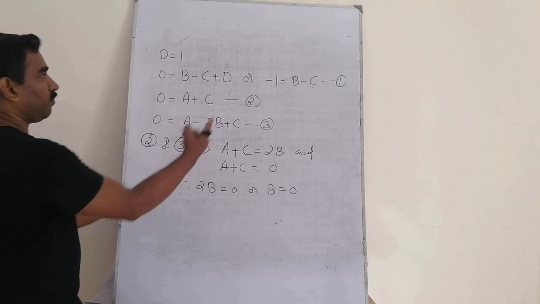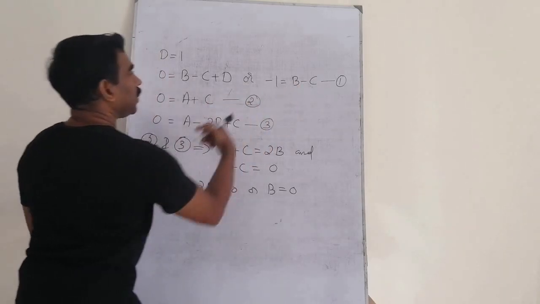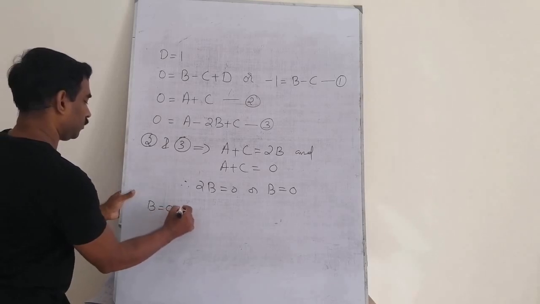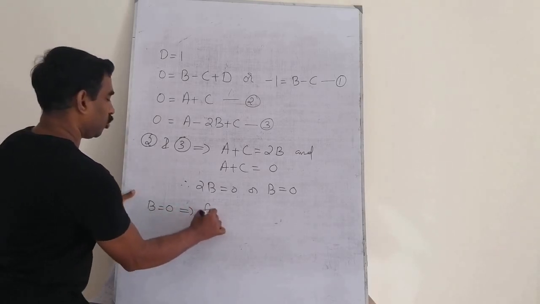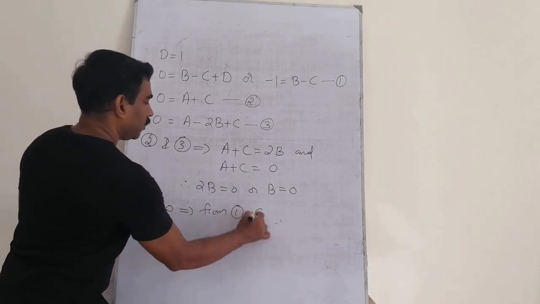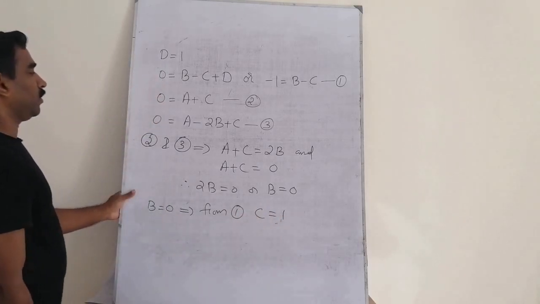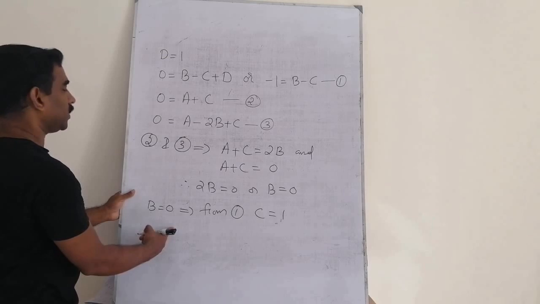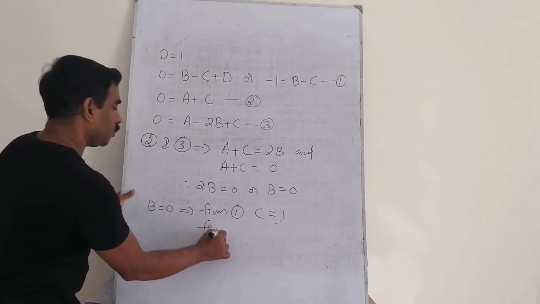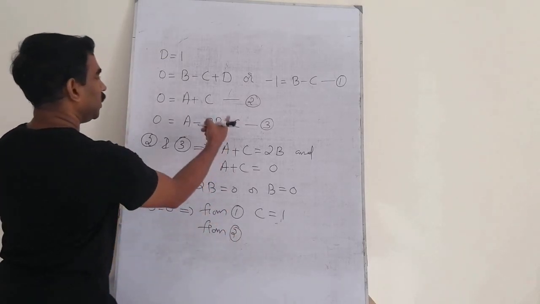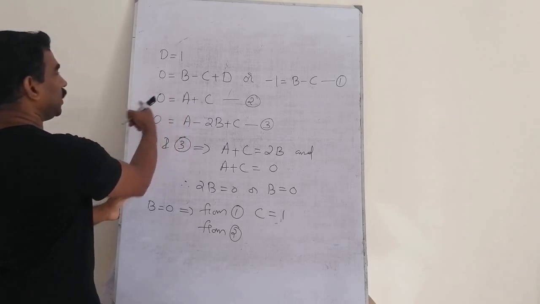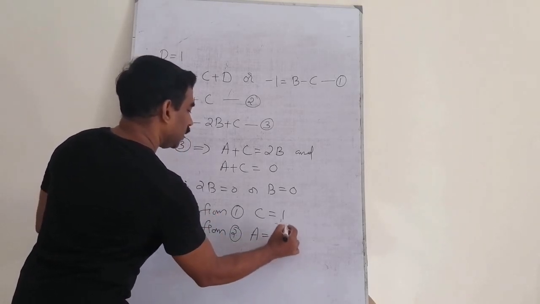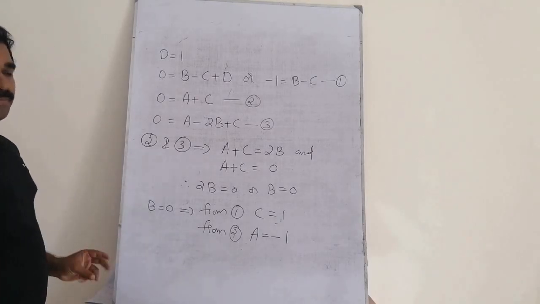Whenever b is equal to 0, from equation number 1, we have c equal to 1. Substituting in equation number 2, c equal to 1 implies a is equal to −c, that is −1.